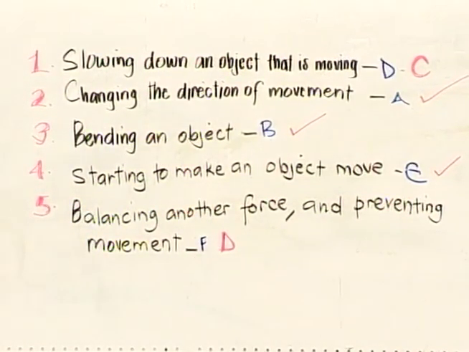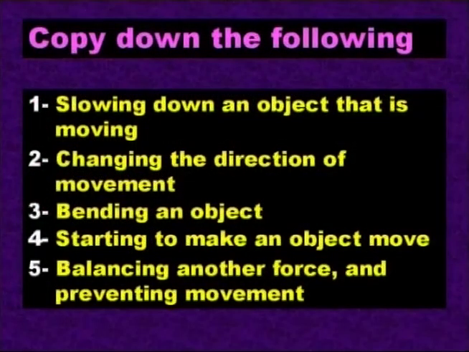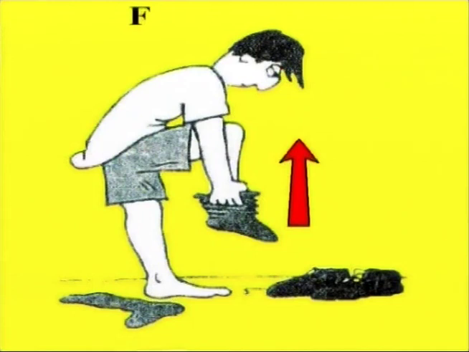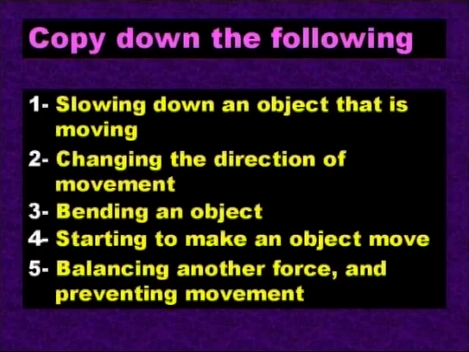Last picture. Picture F. What do you think picture F is doing? Can you see picture F? Okay, see this. Picture F will be same as number 4. Starting to make an object move.